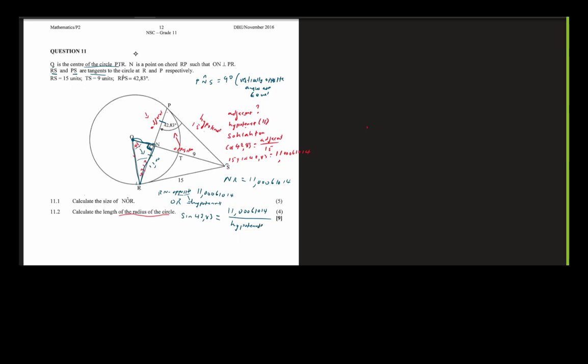So cross multiply: hypotenuse times sine 42,83 equals 11,00061014. And if you are looking for hypotenuse, you have to divide both sides by sine 42,83. The hypotenuse, the OR, is equal to 11,000 divided by sine 42,83.